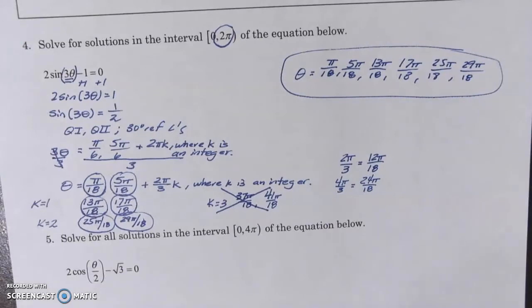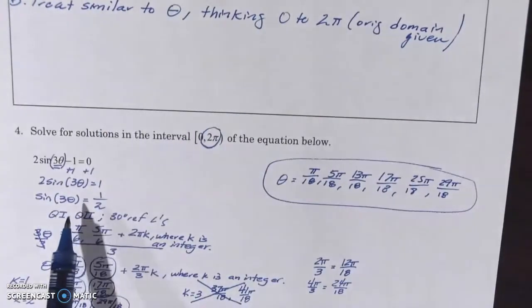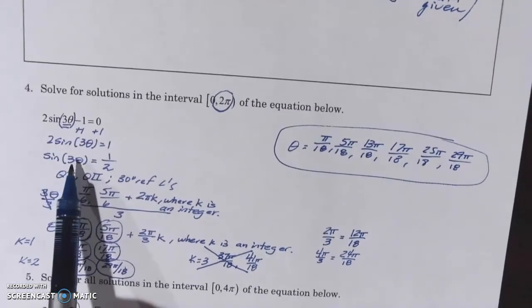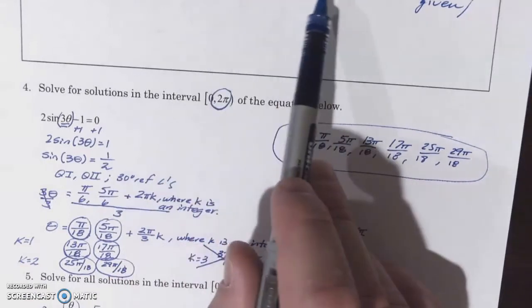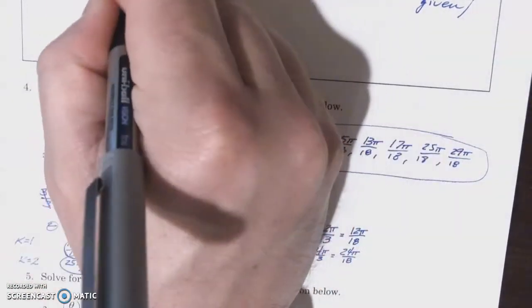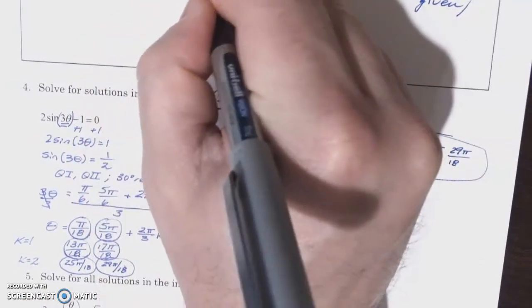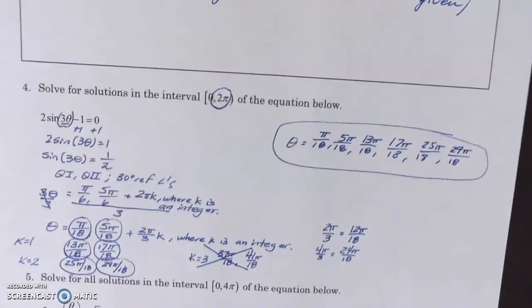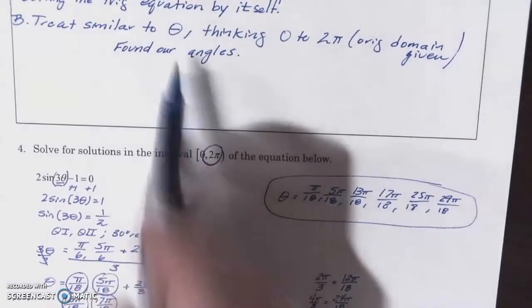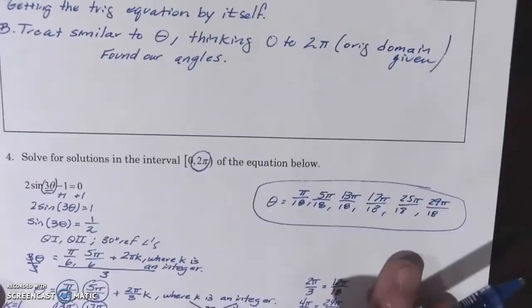All right, awesome. Okay, so let's recap what we did there. We got the trig function by itself. We treated it similar to theta. We were thinking 0 to 2 pi, and we found our angles. In this case, we found our pi over 6 and 5 pi over 6.